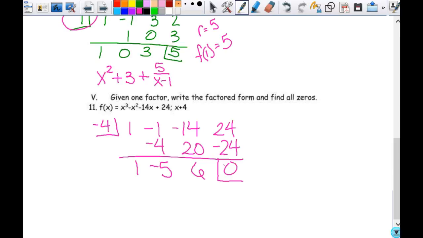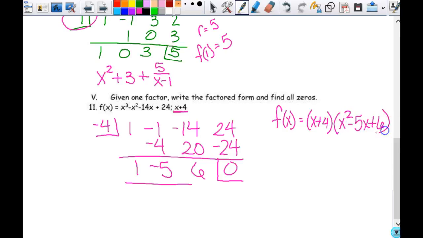Here, I don't know if I'm supposed to get 0 or not because it just tells me to divide. Here, this is flat out telling me that this is a factor, so I know I should get 0. So I'm not doing that to see if it's a factor. I'm doing that to get down here to my depressed polynomial, because what I know now is that f of x is equal to x plus 4 times x squared minus 5x plus 6, right?